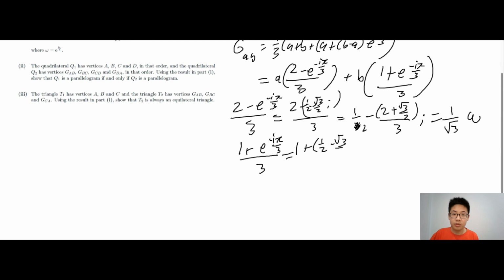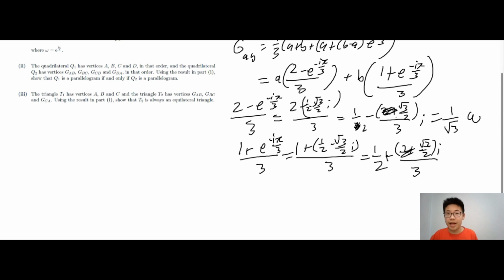Then (1 plus e to the power negative i pi over 3) over 3 equals (half plus half plus square root 3 over 2 i) over 3.